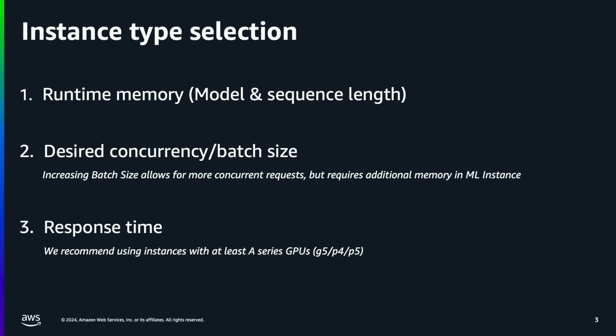And the third point is the response time of your applications. The response time is not only dependent on the size of your payload, which in this case for the large language model is input size and output size, which is input tokens and output tokens, but also dependent on the hardware, which basically drives the response time SLAs.